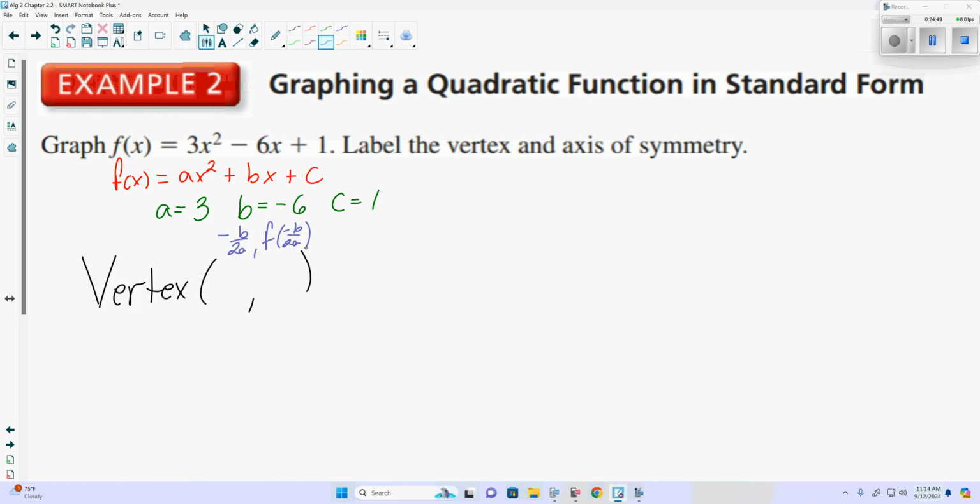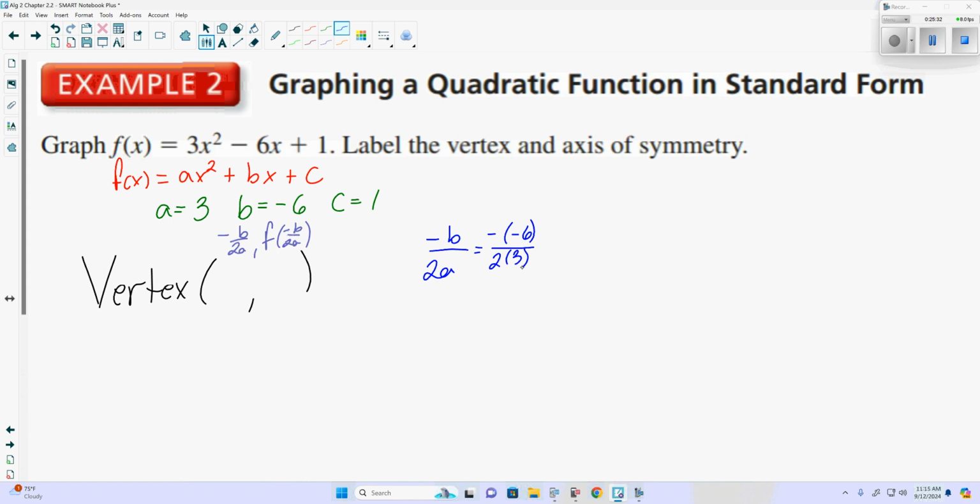Now, before we focus too much on the f of negative b over 2a, let's look at negative b over 2a first. So it'd be like negative 6 over 2 times 3. So negative, then we'll plug in b's value, which is negative 6, over 2 times 3. We plugged in the values of a and b.